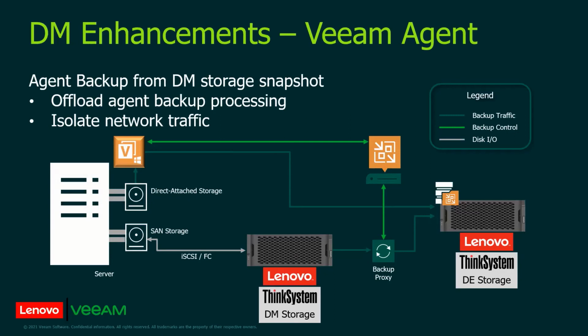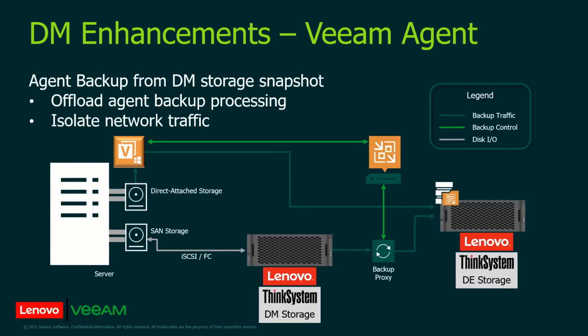In this case we've taken what we've traditionally done for VM backups, where we're able to back up from a storage snapshot, and we've applied that to the agent. So say you have a physical Windows server with a Veeam agent running on it, and you have some direct attached storage within the server, but then also some Fibre Channel or iSCSI LUNs that are attached from DM.